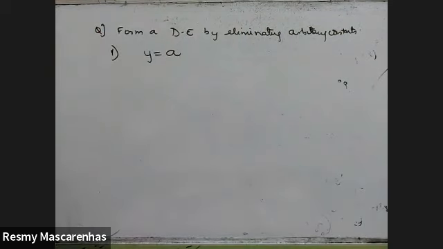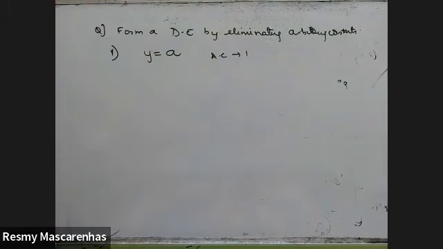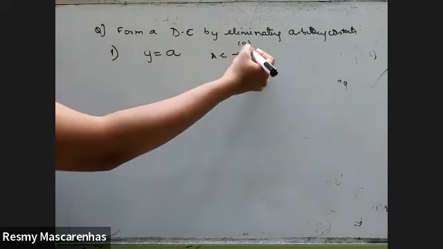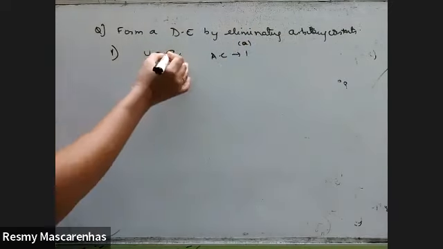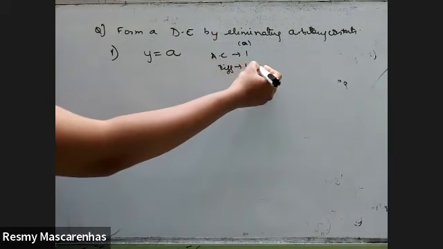This is the equation given. We have to form a differential equation. How many arbitrary constants are there in this? Arbitrary constant 1, that is A. It is only 1. So how many times do we differentiate? Differentiate only one time.